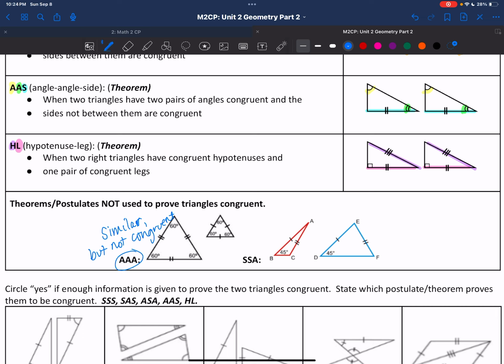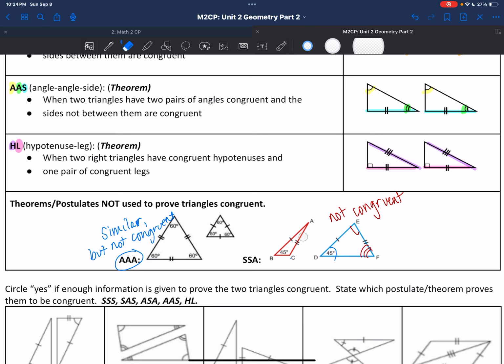Same thing here, just because this guy's 45 and this guy's 45, same length here, these are not the same. So this angle is not congruent to that one. So not congruent, because of the angles. And same thing here, and here. So not congruent, because they have different angles.